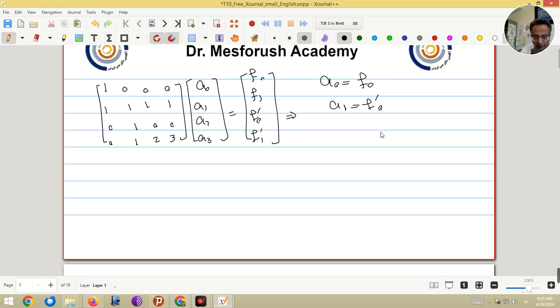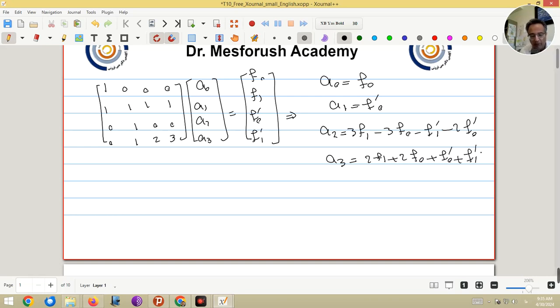And if you compute the other coefficients, a2 is equal to 3f1 minus 3f0 minus f prime 1 minus 2f prime 0, and finally a3 should be equal to 2f0 minus 2f1 plus f prime 0 plus f prime 1.